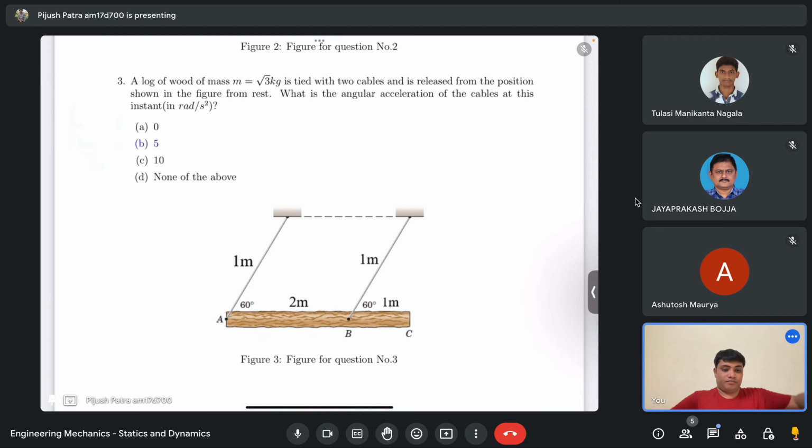Just imagine yourself sitting on that log, and both the ropes are rotating about that dotted line. It has some mass, which is root 3 kg.